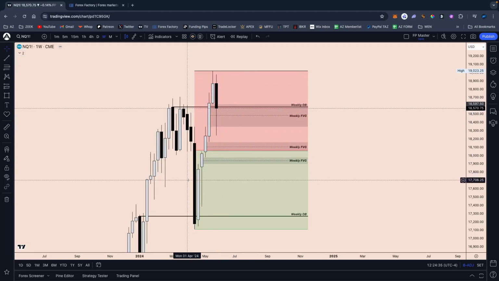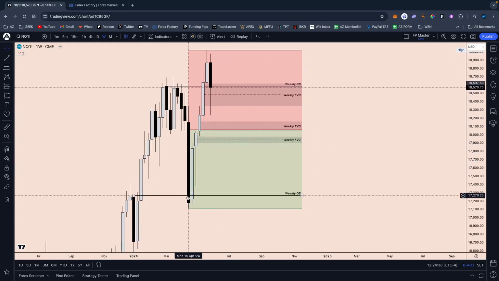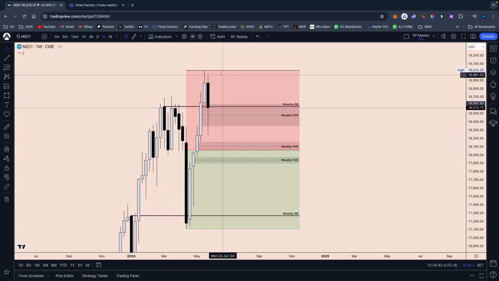So after repricing to a discount to deliver into a premium, higher prices, after delivering into that premium, we're now going to retrace back into a discount of this range below the 50%, fill in, for example, this inversion fair value gap overlapping with those two bullish fair value gaps.